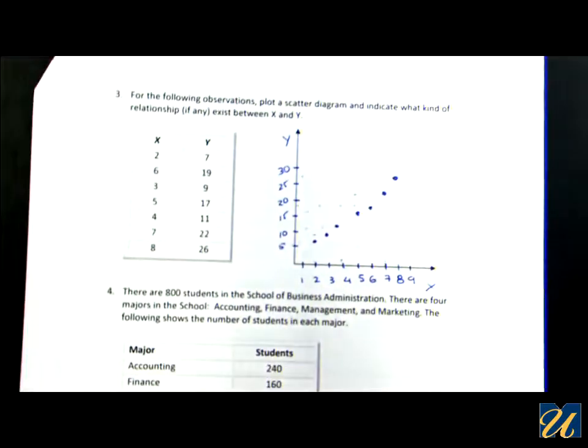Something like this. So this would indicate a strong positive relationship between x and y.